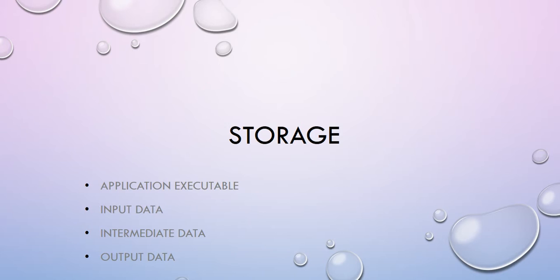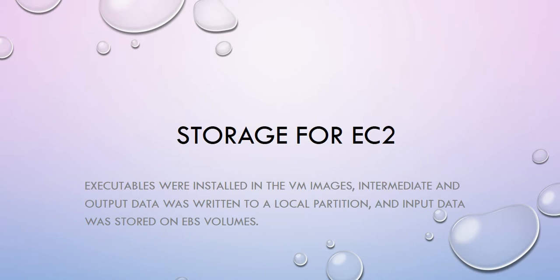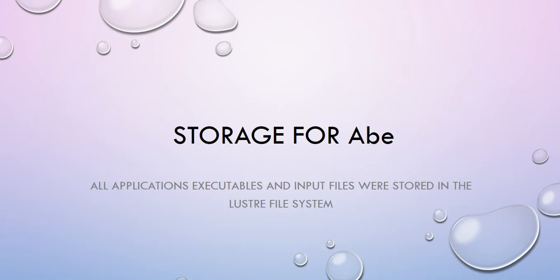And for the ABE cluster, all applications, executables, and input files were stored in the Lustre file system. That's all about the storage. Now storage for EC2, as I told you, you can read from here, and storage for ABE is the same thing which I told you.